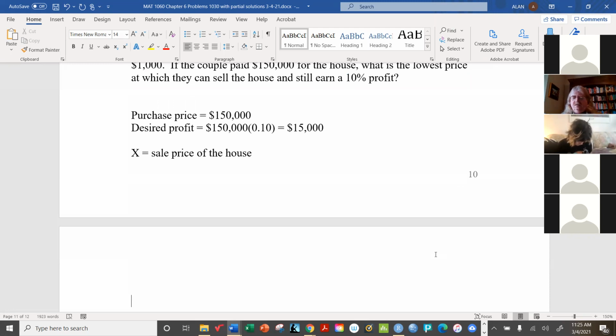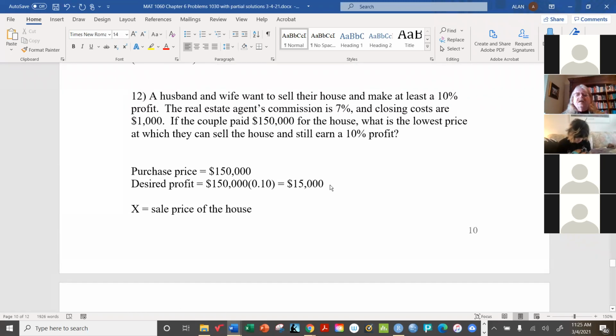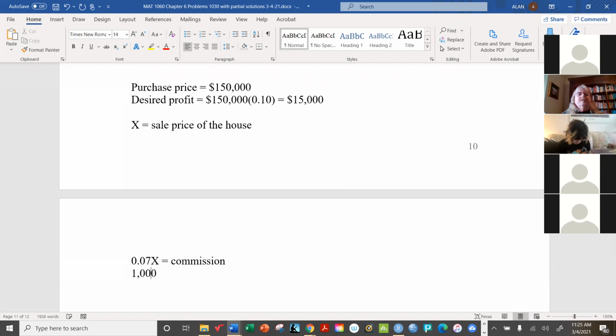All right, so we'll call that 0.07x. That's the commission charged by the real estate agent. There's also a fee of $1,000 closing costs.